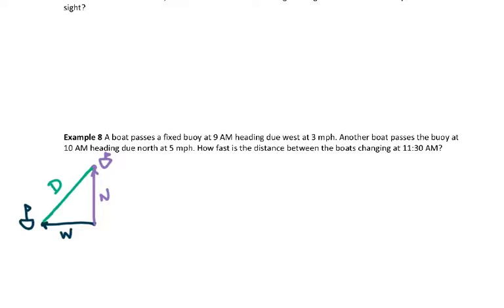It doesn't matter. Okay, so let's talk about what we know. We know that it's due west at 3 miles per hour, so that's its rate. So dW/dt equals 3, and I'm going to write miles per hour like a fraction. We also know that the due north ship is going 5 miles per hour.